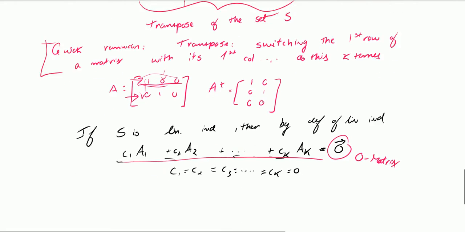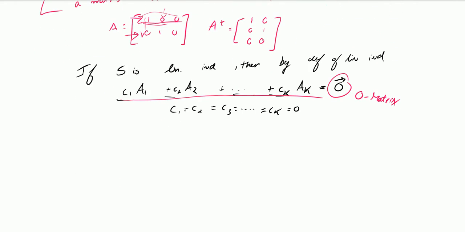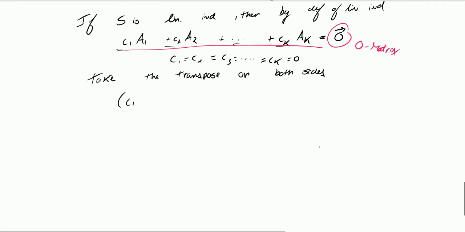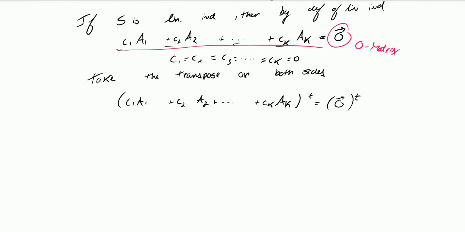So now we want to get to this set, right? What we can do is transpose both sides. So we take the transpose on both sides. We have C1A1 plus C2A2 plus ... plus CKAK transpose, and I'll also transpose the zero vector. Remember that the zero vector in this case is just the zero matrix.